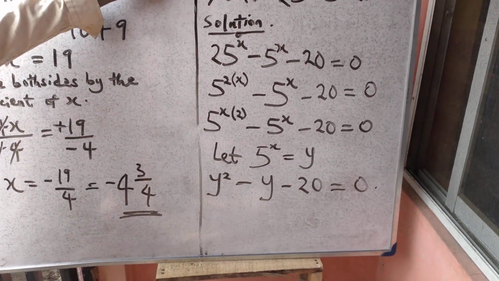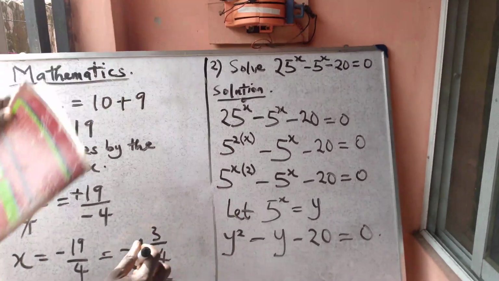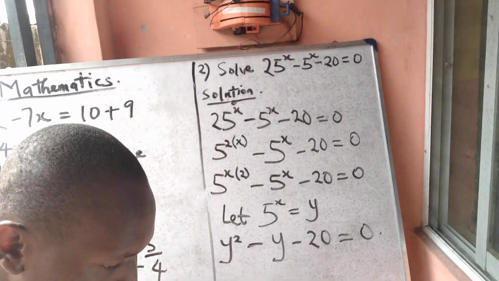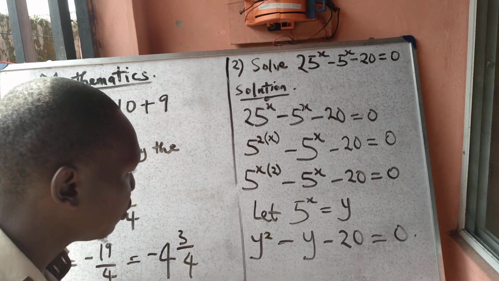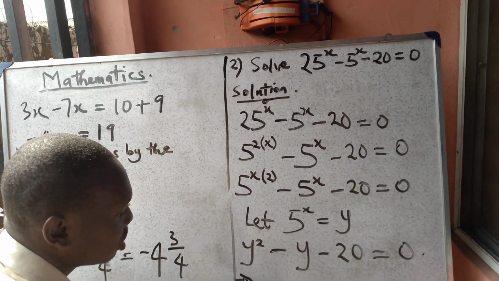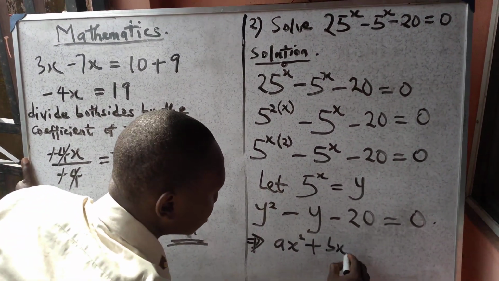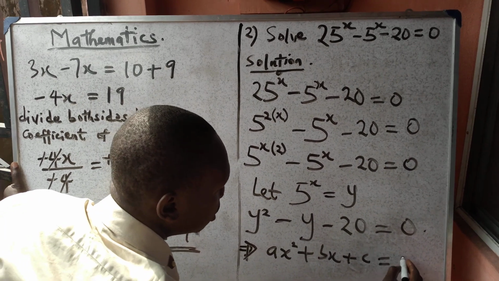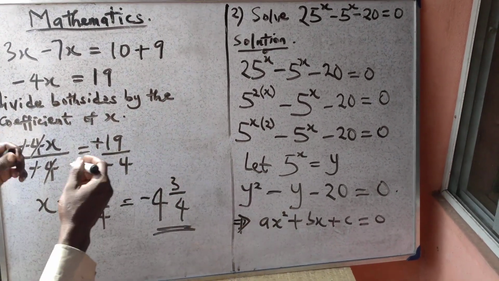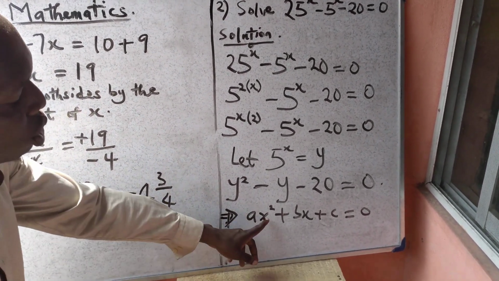Now we have a quadratic equation of the form ax squared plus bx plus c equals 0, where the coefficient of x squared is a.